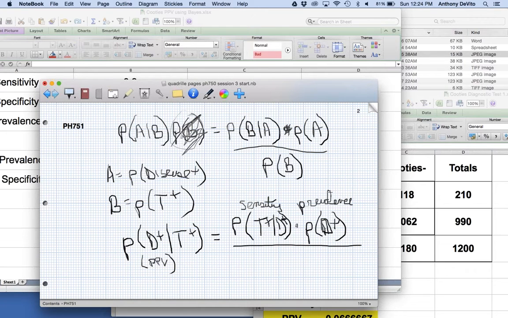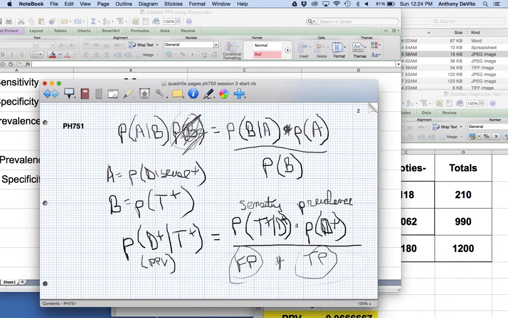okay, we're going to divide that by the probability of B. Well, the probability of B is the probability of testing positive. There's two places where we got positive tests. We got true positives and we got false positives. So there's really two probabilities here for the total number of people that tested positive, the total probability of testing positive.